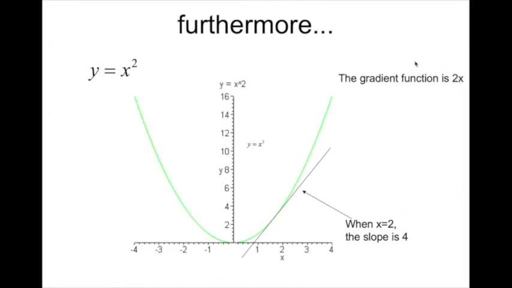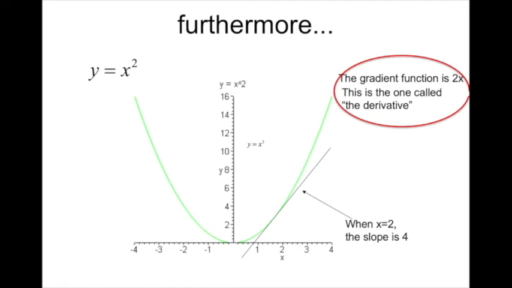Since this is the gradient function and we want to find the gradient at x equal to 2, you then replace x with 2. That gives you 4. So this is called the derivative or gradient function, and the symbol is f dash of x, or dy by dx.